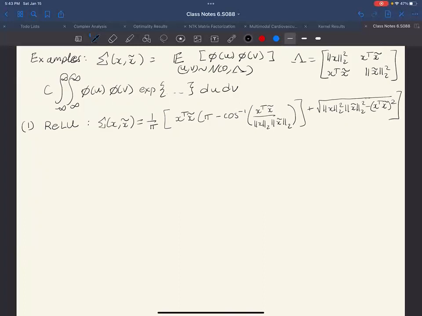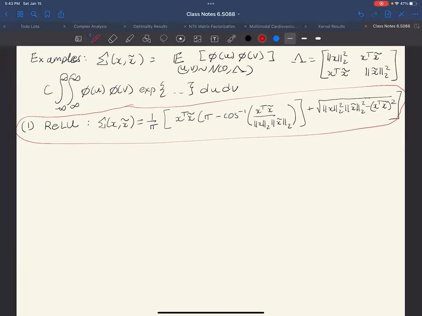Okay. So if I give you a function that looks like this, remember before, we just had some simple examples like the Gaussian kernel, which was just exponential of negative L times the norm squared of the difference between x and x tilde. So that seemed like a simple function, but this is also just a simple function. It's easy to code up and write down, and you can solve kernel regression with it.